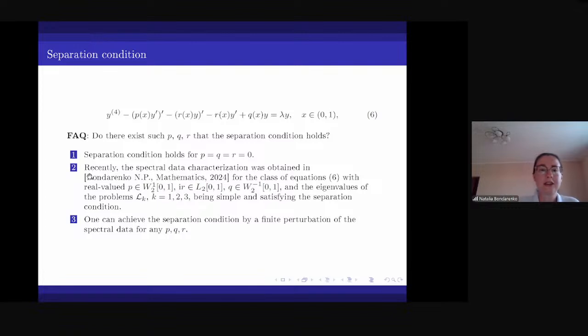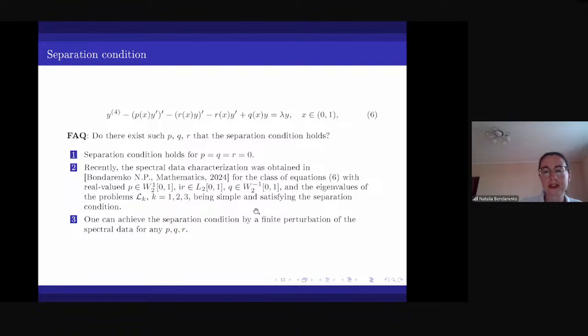Second, recently I have obtained the characterization of the spectral data for some class of fourth order differential operators with coefficients of some spaces. And under some additional conditions, like Leibenzon, I assume that the eigenvalues of problems L_k are simple.